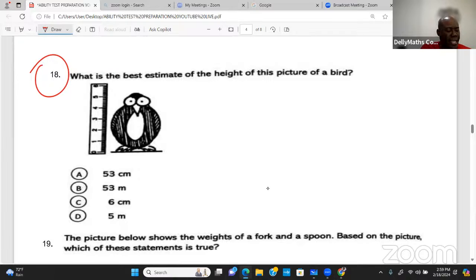What do you have for question 18? What do you have?